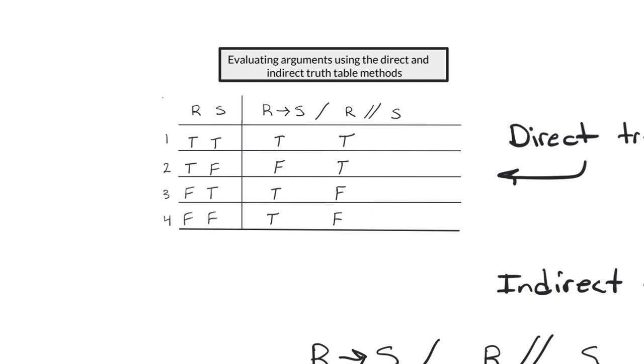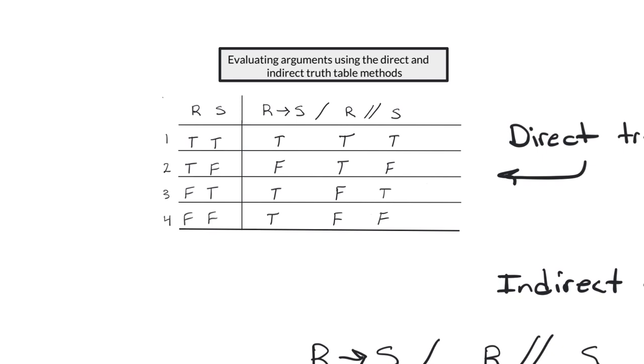And then we'll do the same for our conclusion S. We're just going to plug in these truth values row by row. So in row 1, S is true. Row 2, S is false. Row 3, S is true. Row 4, S is false. What we notice here is we have no row with all true premises and a false conclusion.